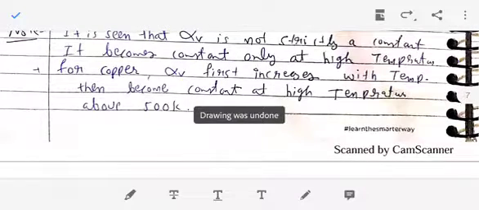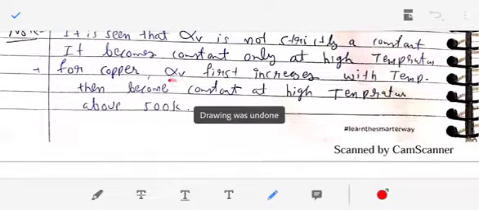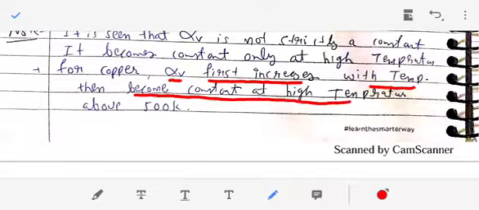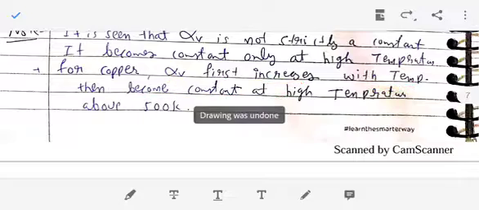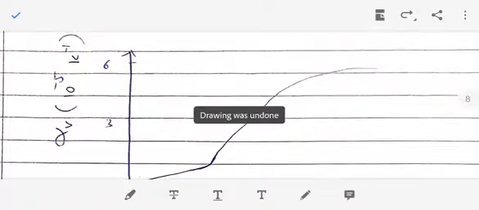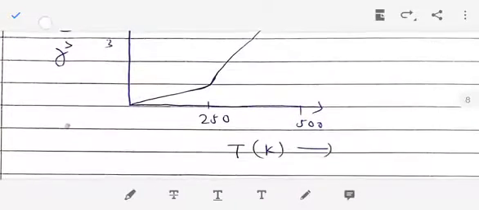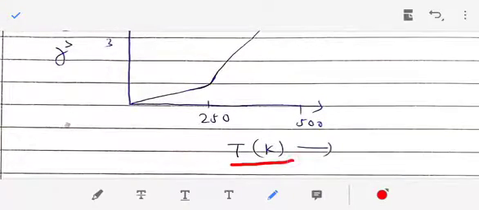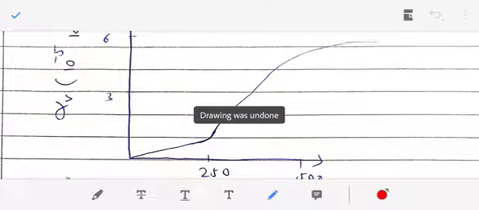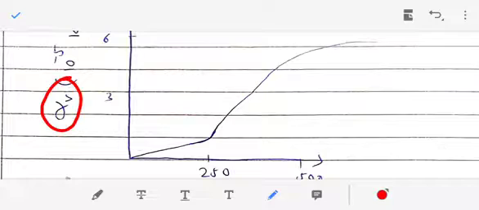For example, for copper, the coefficient of volume expansion first increases with temperature and then it becomes constant at high temperatures above 500 Kelvin. And this is the graph of the variation of this. This is the temperature in Kelvin, and this is the coefficient of volume expansion.